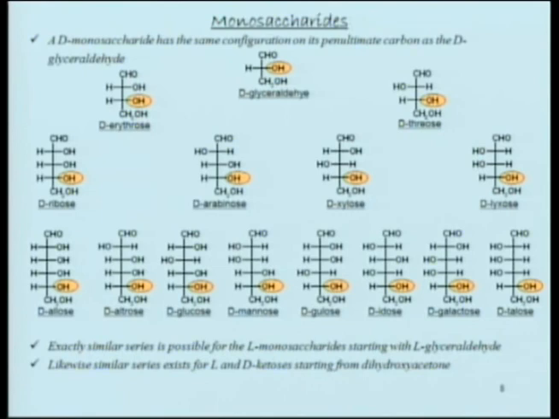Add a carbon between these two, you would get these two. And likewise, you would get these from D-xylose, and from lyxose, you would get these two. Right? So in essence, how many D-monosaccharides, D-hexoses do we have? 8, right? How many L-hexoses are we going to have? You're going to have 8 L-hexoses, right?